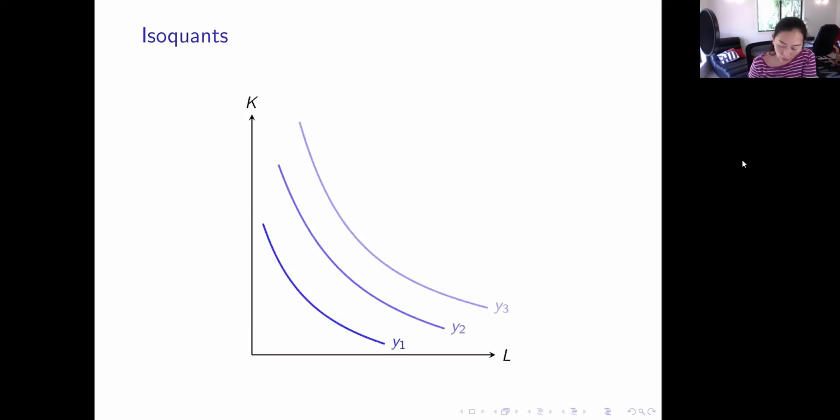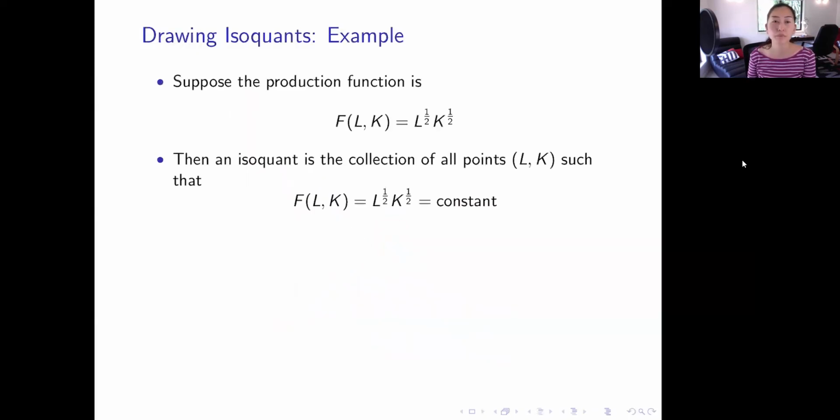And we have Y1, Y2, and Y3. So every input bundle along the same isoquant would yield the same level of output equal to Y1. So as you can see, as we move further away from the origin, we should experience the higher level of output produced due to more amounts of labor and capital bundle.